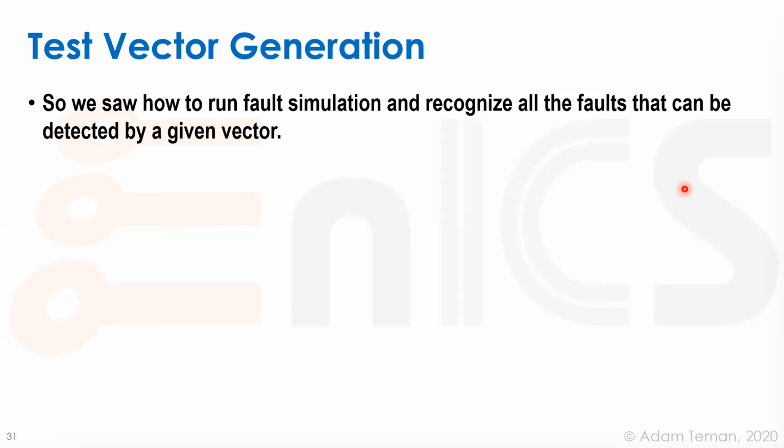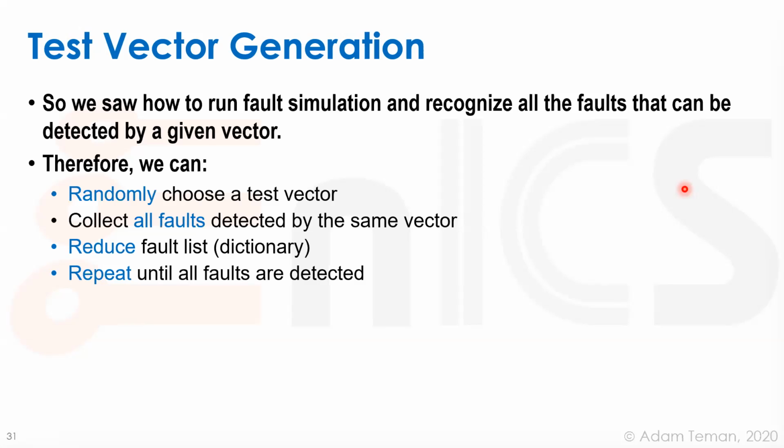So we saw how to run fault simulation and recognize all the faults that can be detected by a given vector. And therefore, we're going to do the very obvious thing. We're going to randomly choose a test vector. We're going to simulate it. So we'll collect all the faults detected by the vector, reduce the fault list, right? Remove the faults that this vector already found from the dictionary, and repeat until all faults are detected.